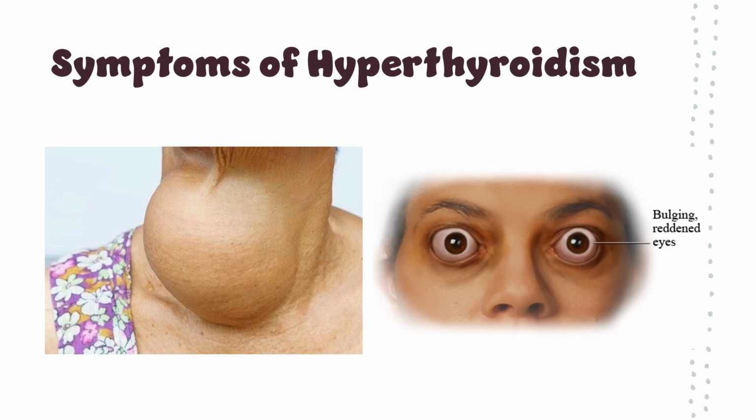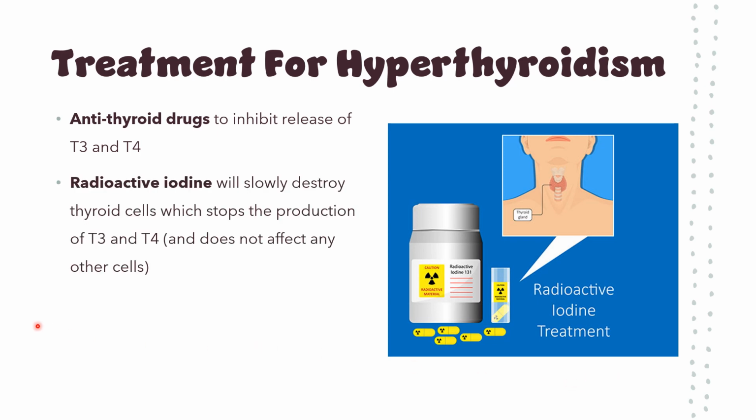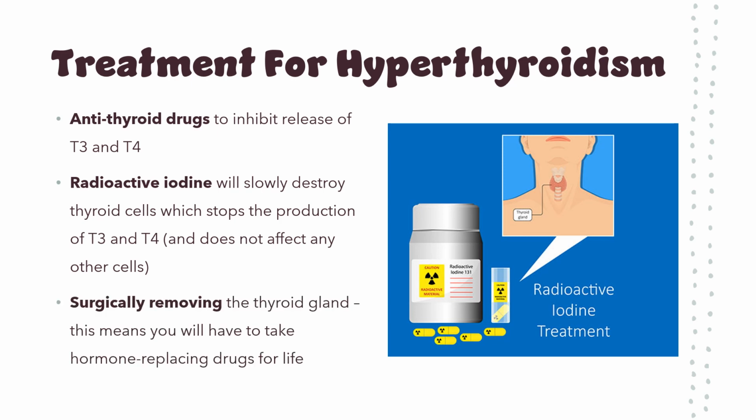Some treatments for hyperthyroidism are anti-thyroid drugs to inhibit the release of T3 and T4. Also taking radioactive iodine, because radioactive iodine will destroy the thyroid cells and therefore less T3 and T4 will be produced. And this radioactive iodine doesn't affect any other cells, so it is safe to use.